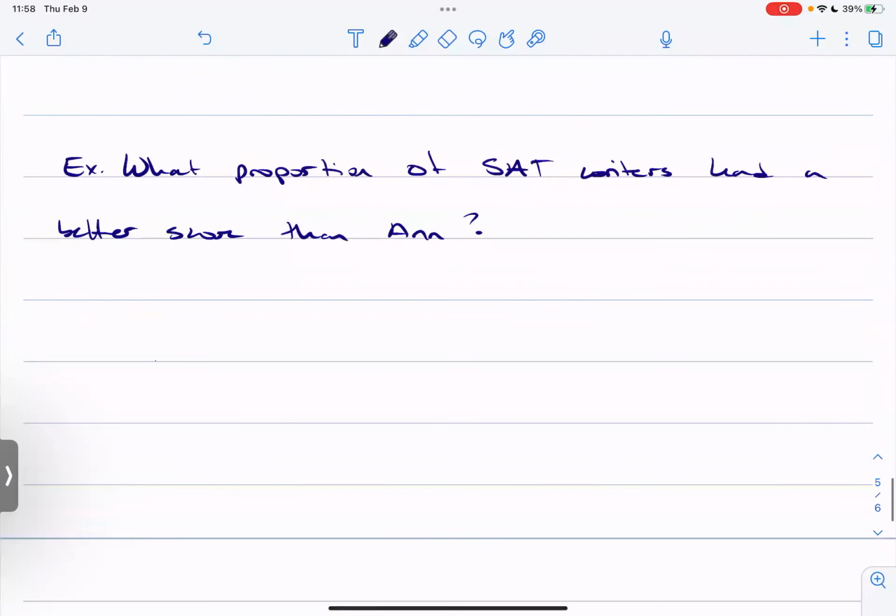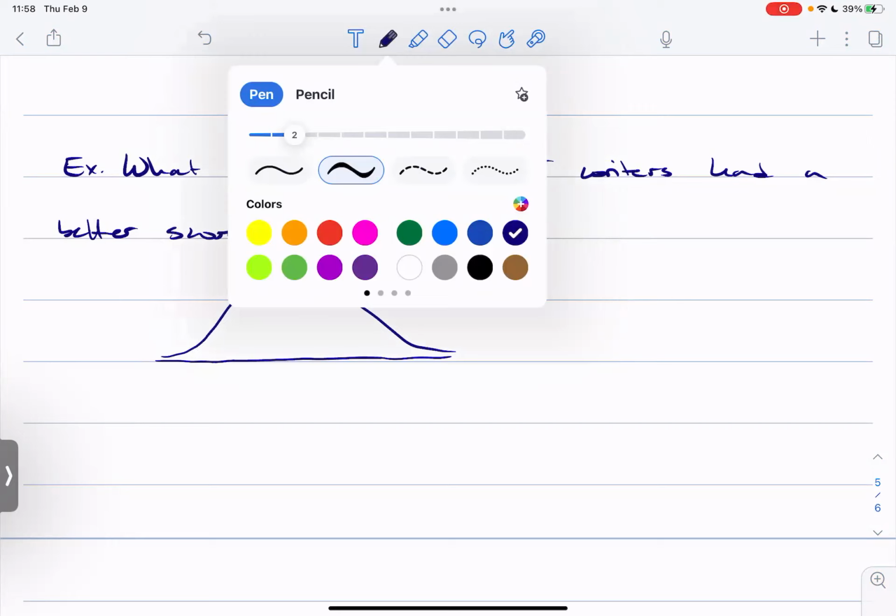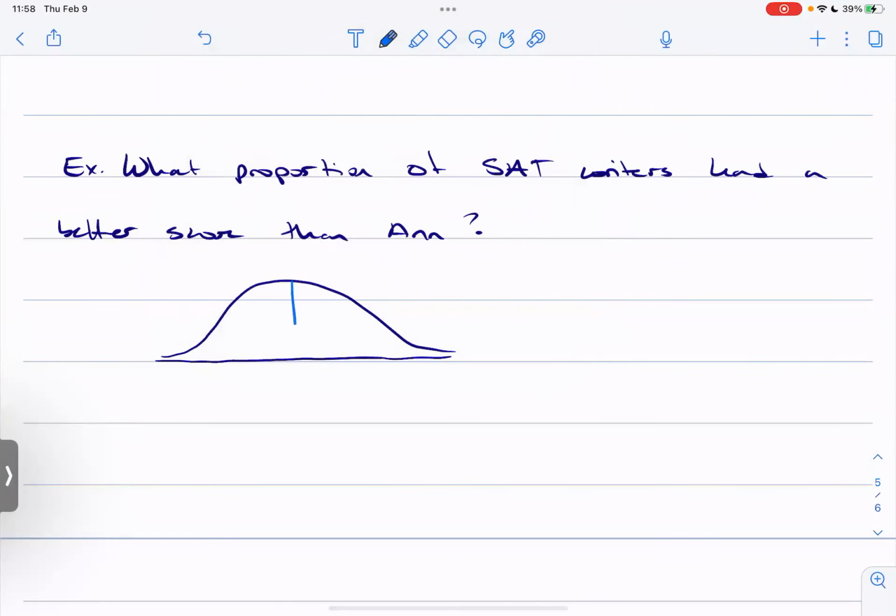So we already drew the distribution for the SATs. Well, it's not very nice, but we said the mean was 1100. The standard deviation was 200. And we said that somewhere here is Anne, and she had a score of 1300.